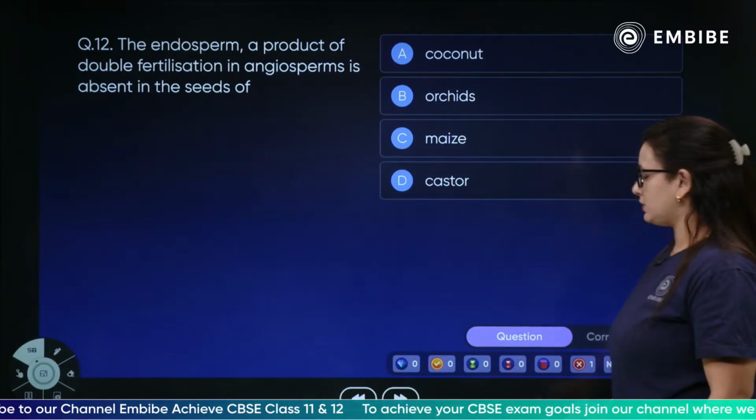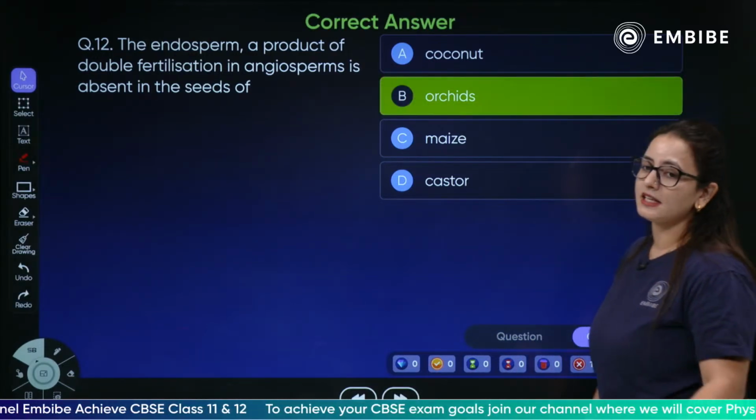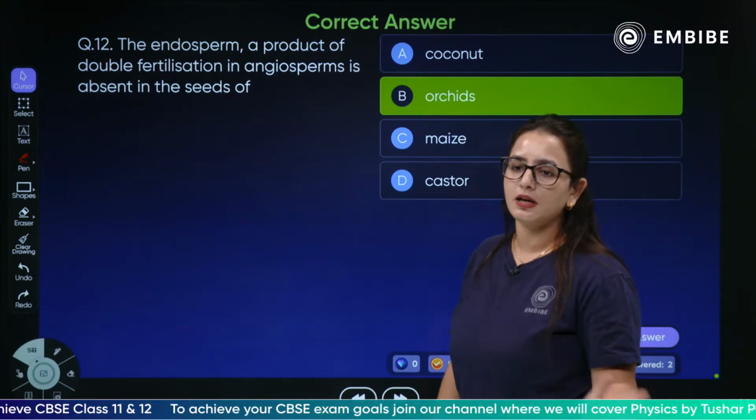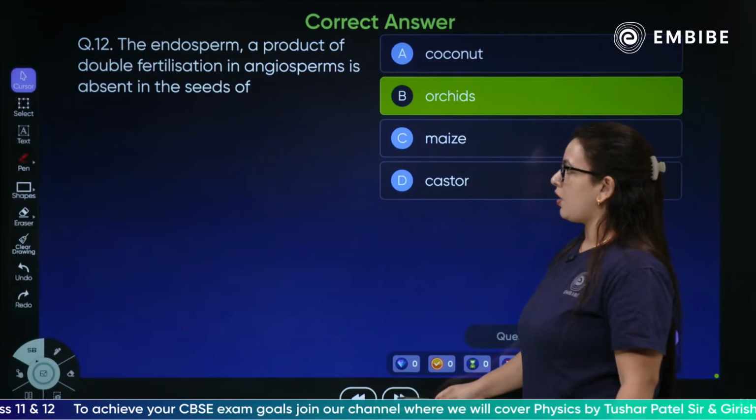The correct answer for this question is that orchid seeds basically do not have endosperm. The endosperm has been completely absorbed.